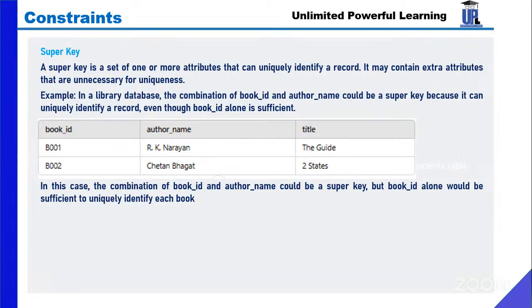The book ID itself is self-sufficient, but for our convenience we also take author name as unique. So for our scenario, this could be the super key. Book ID comma author name is called a super key. But actually speaking, book ID alone can be a primary key.